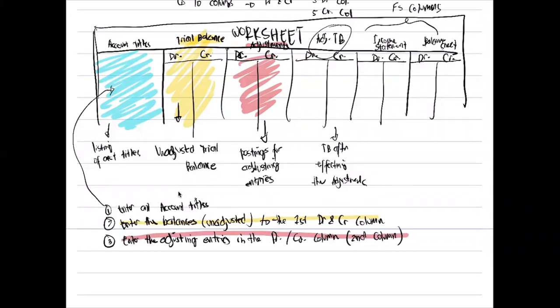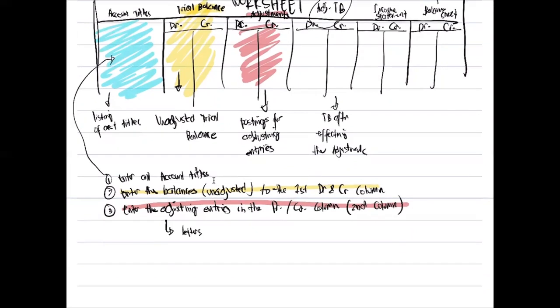And normally in entering the adjusting entries, we place letters. So what are these letters? These letters identify the debit and credit for each adjusting entry. So for example, we have one adjusting entry, let's say salaries expense, credit, salaries payable.